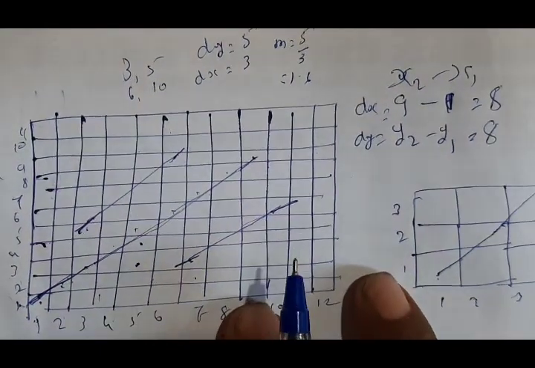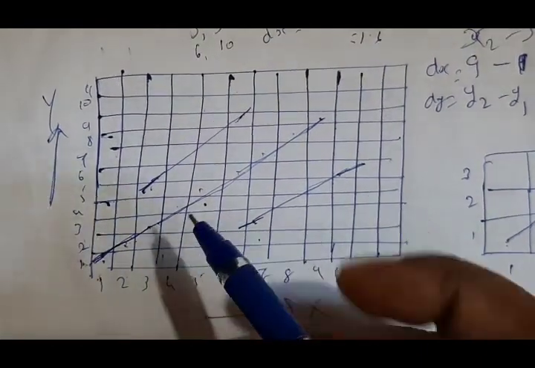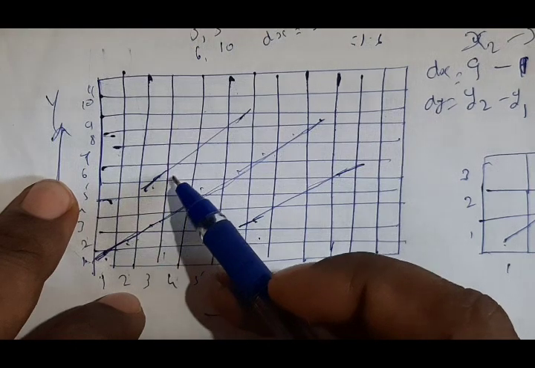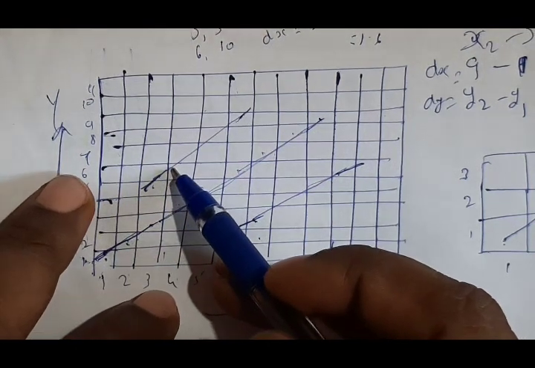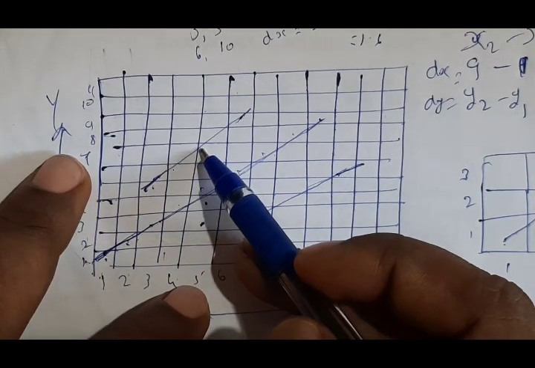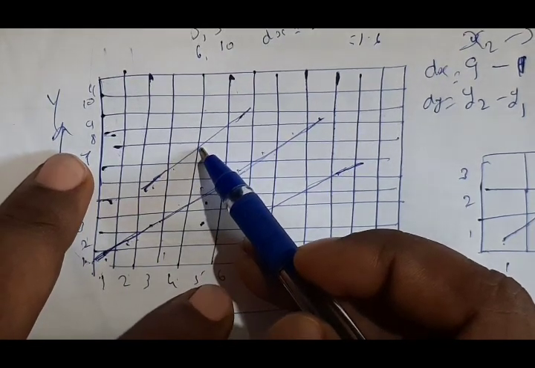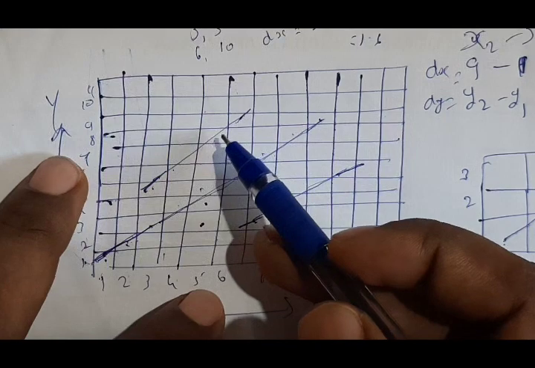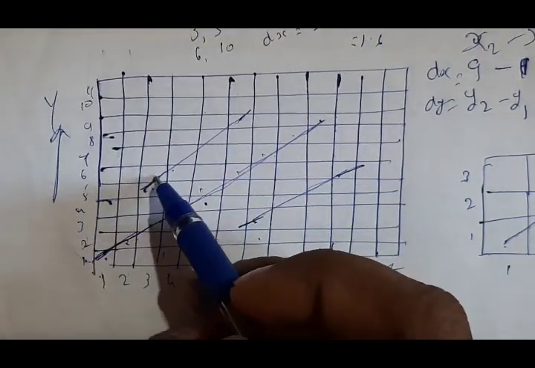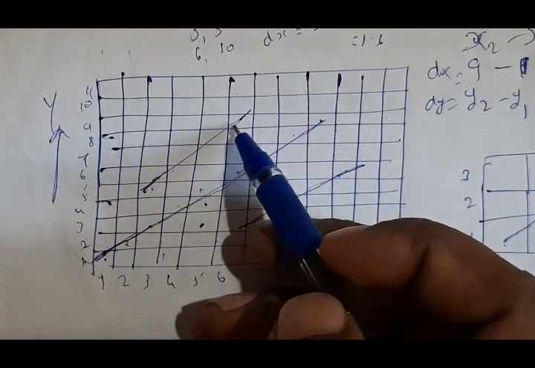If m is more than 1, see here, this point is 3 5, what about this point? 4 6, again 5 7. Here it's not uniform, correct? Here y goes 5, next 6, next 7, next 8, next 9.